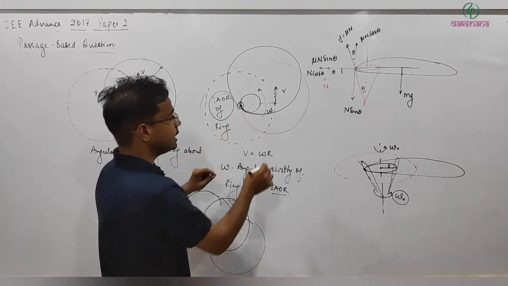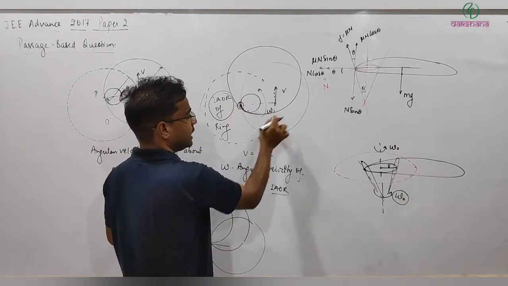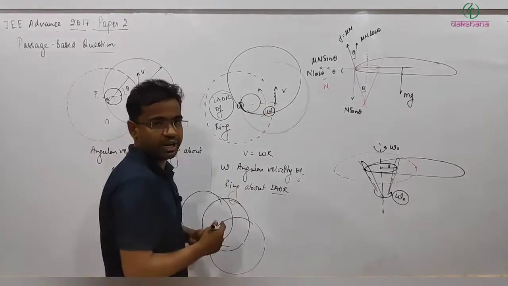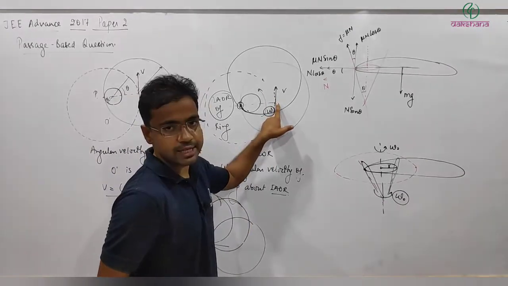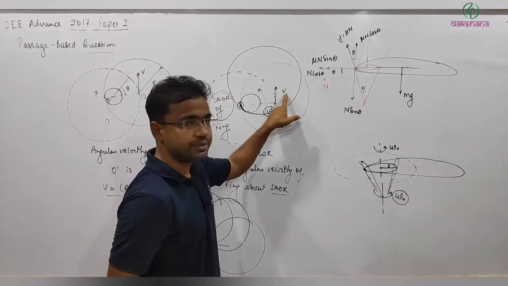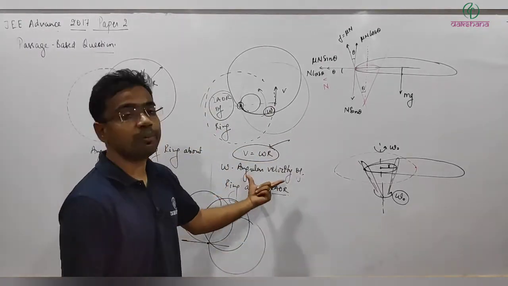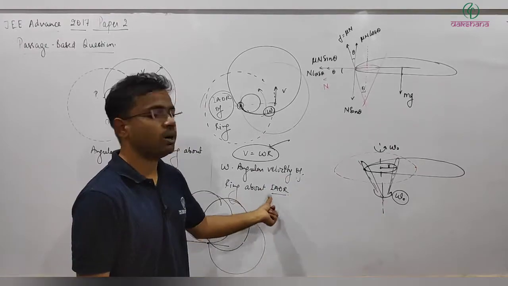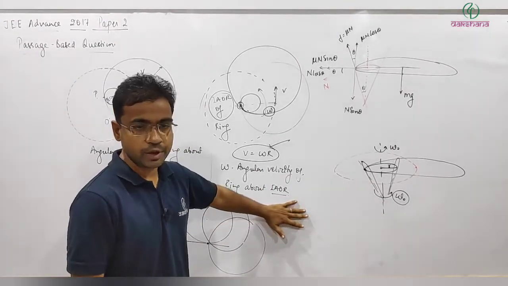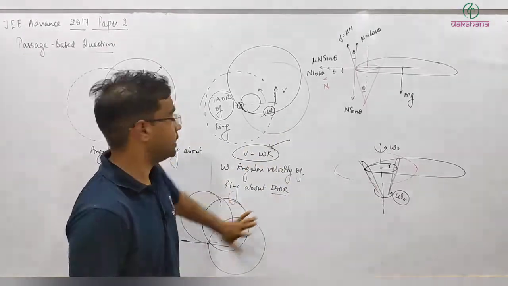Then about this, if the center of mass of the ring is rotating with angular speed omega, and the velocity of the center of mass of the ring is v, then I can write here v is equal to omega r, where omega is the angular velocity of the ring about the instantaneous axis of rotation. One way we can understand it this way.